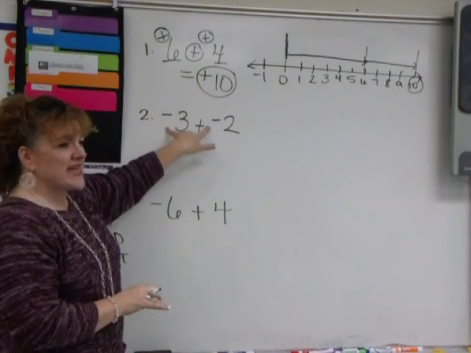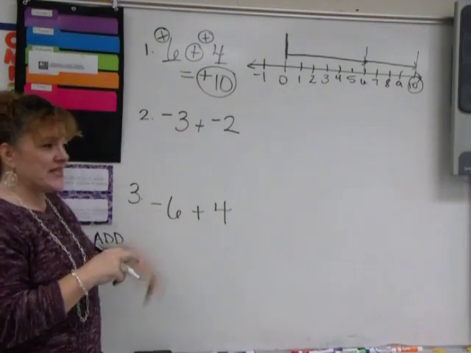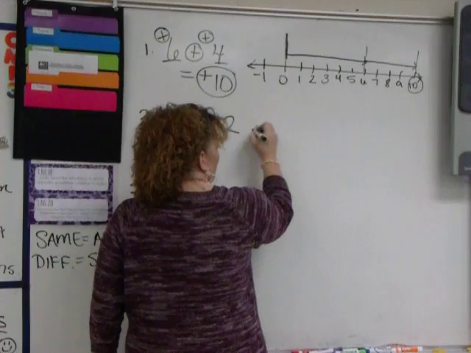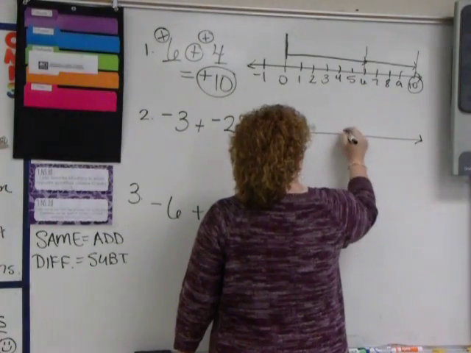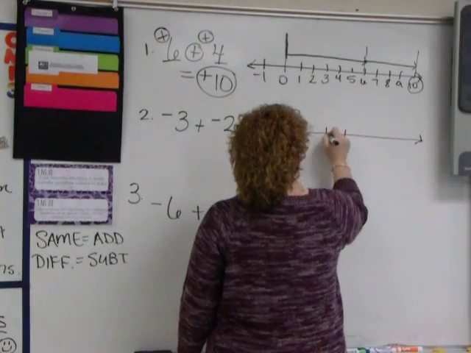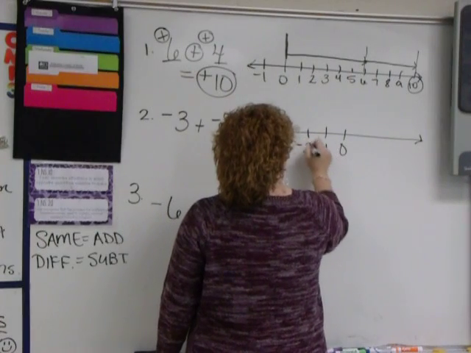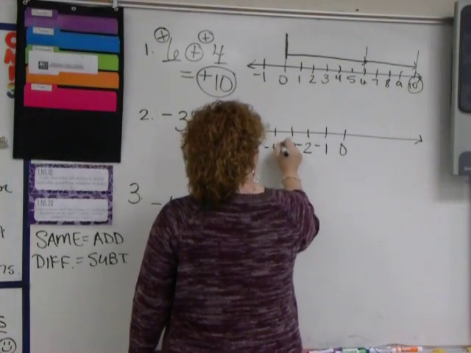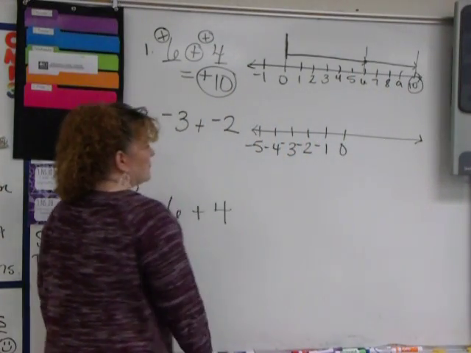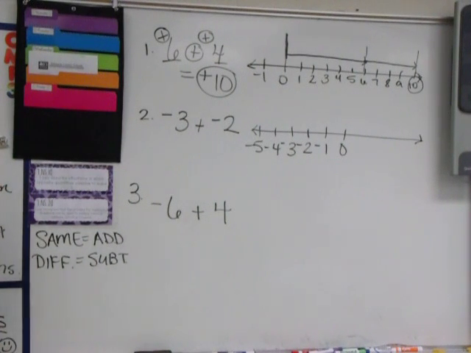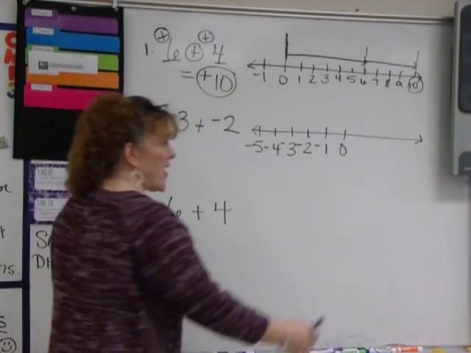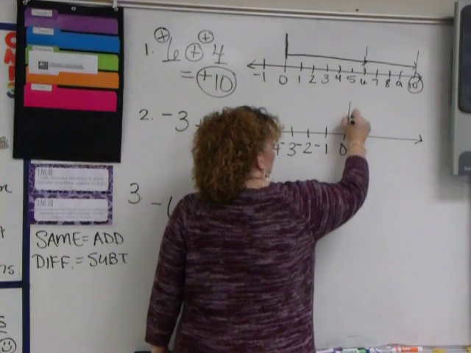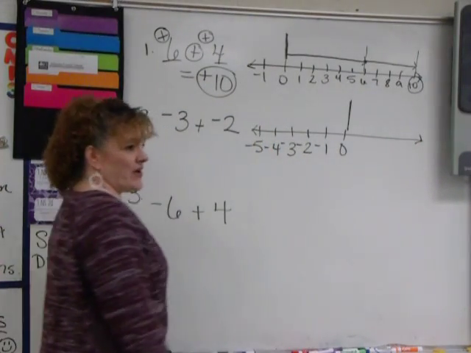For the second one, they're the same again, except this time they're the same negative. So you're going to draw yourself a number line. I'm going to start at 0, so you will find your start line always at 0.